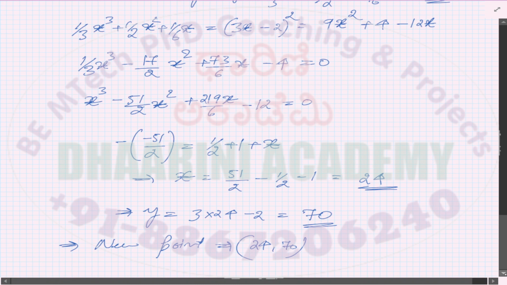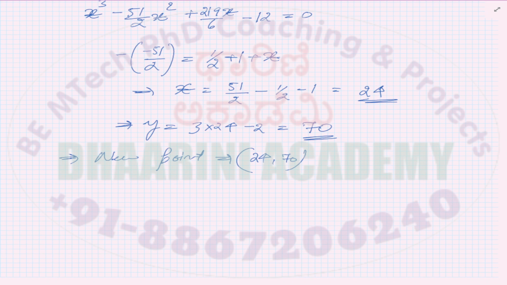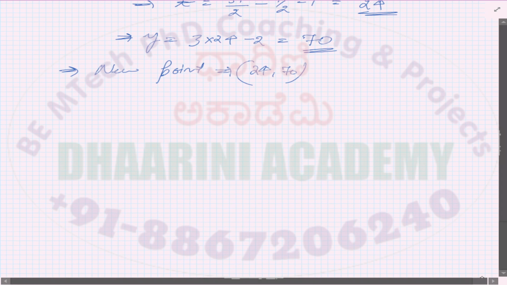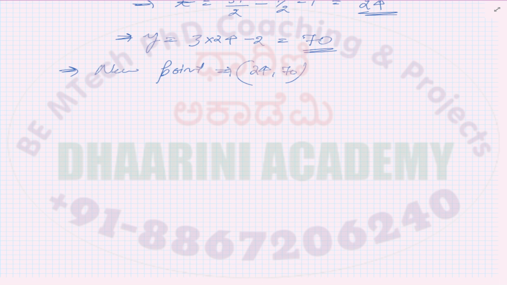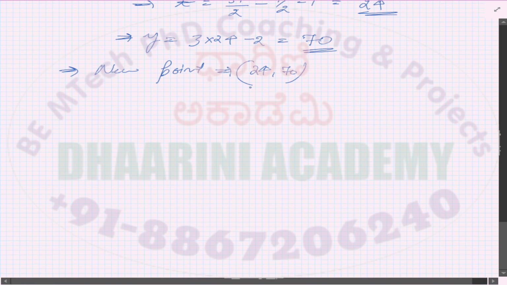That's how we can solve this and we can keep going ahead. So you see that this is a very basic idea of what you call an elliptic curve, right? You have 2 points, connect the 2 points, you should get a third point, right? And it means 24 comma minus 70 is also a point, right?